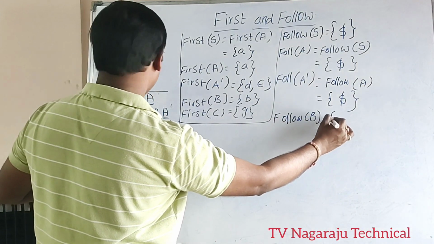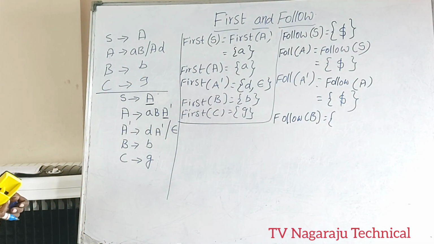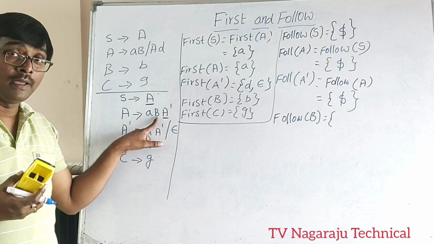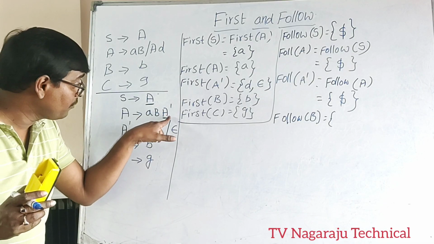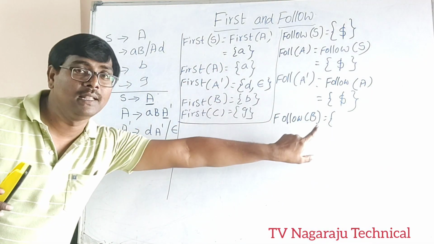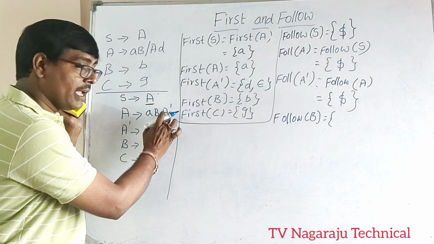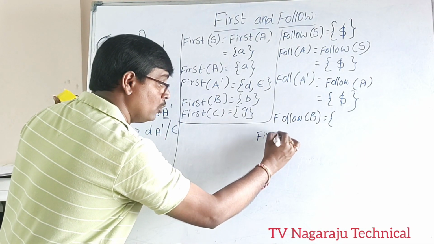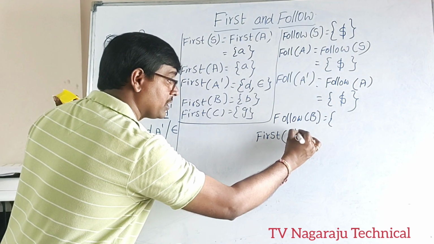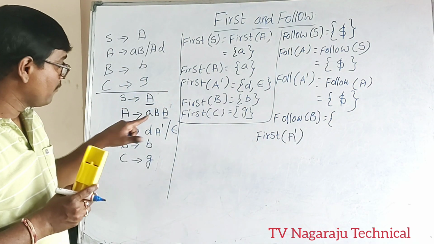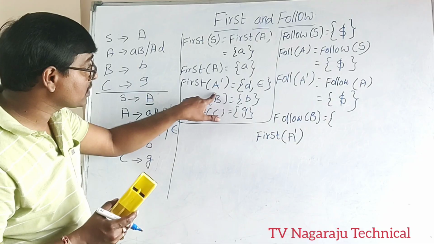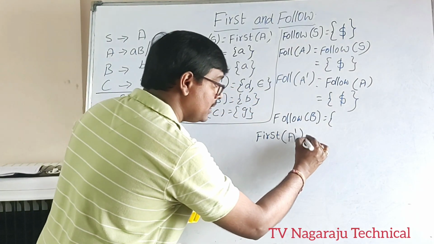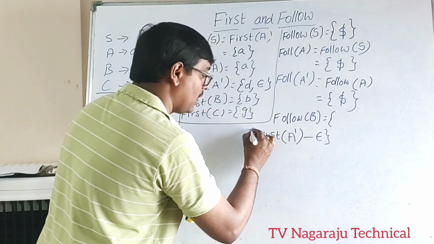Now follow of B. Check where B is available. B is available at this position. After that, if you have a terminal, directly that is the answer. But after that, I have a non-terminal, so you need to calculate first of A'. First of A' contains epsilon, so minus epsilon.